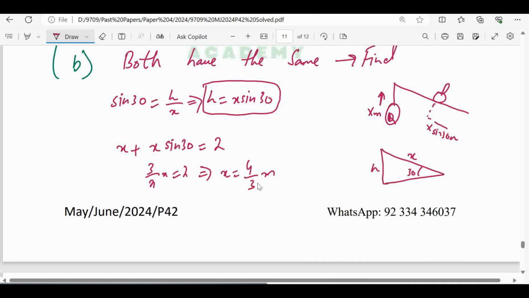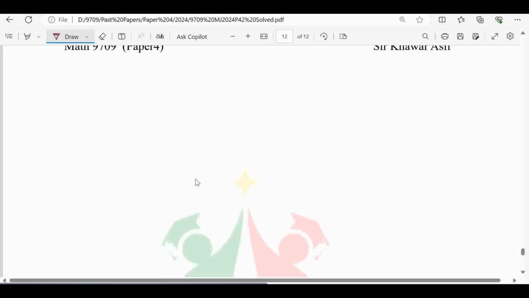Now we know the value, we know the distance also. So what we have to do is use the energy method. The energy method: initial potential energy of P is equal to final potential energy of P plus kinetic energy plus work done by the resistive force.